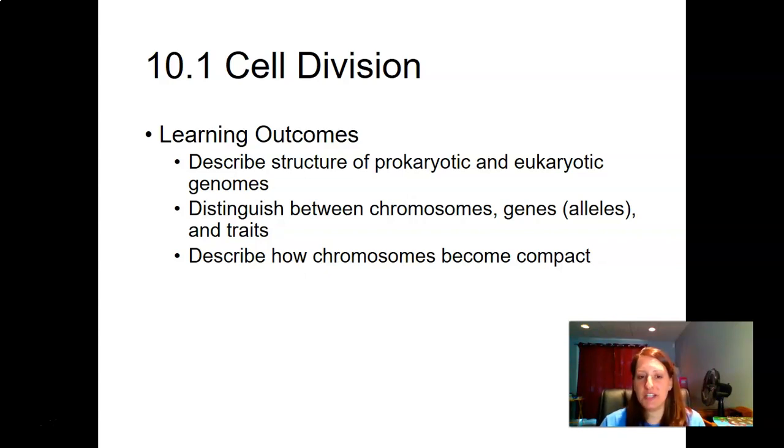I really believe in repetition, as you can see. We do the same set of assignments each week, and it seems repetitious, and it is for a reason. Repetition helps us to remember. So that's the first thing we're going to do. Then we're going to distinguish between chromosomes, genes, alleles, and traits. And we're going to talk about how chromosomes become compact and why.